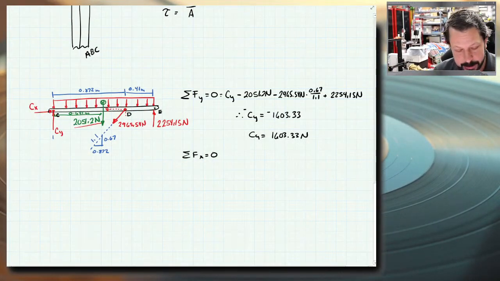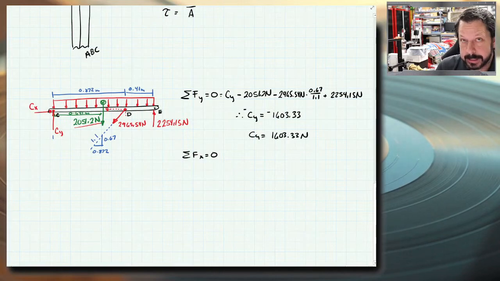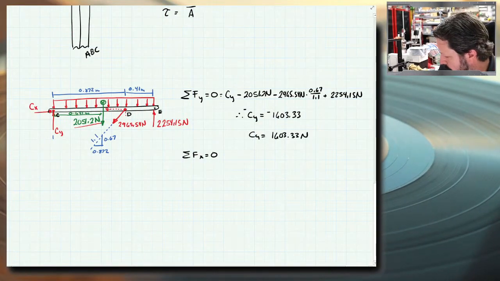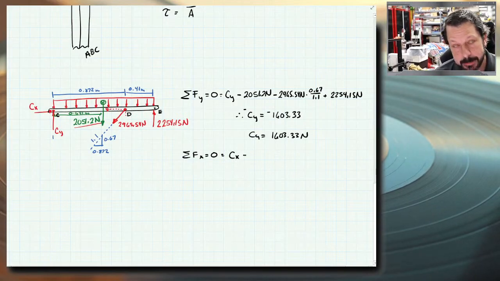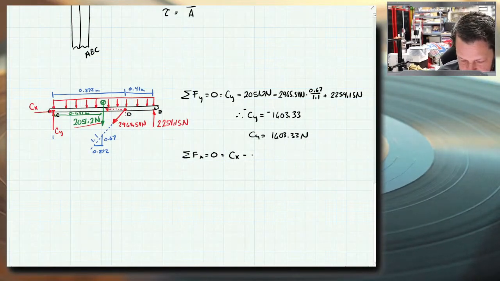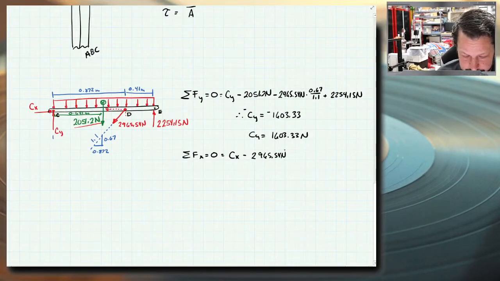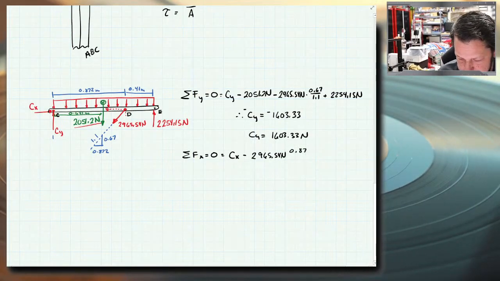This is the one I was actually thinking about. X is pretty obvious that it's drawn correctly, because the only other force in the X direction is the X component of BD. So the summation of forces in X equals 0: CX minus, because BD points to the left, BD, which is 2965.54 newtons, but I only want the X component, so 0.872 over 1.1.